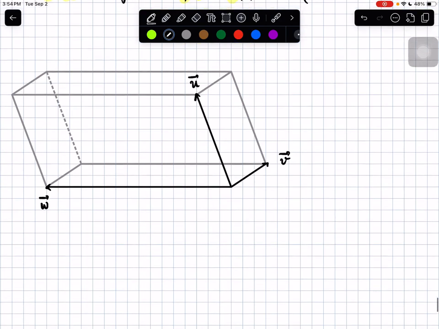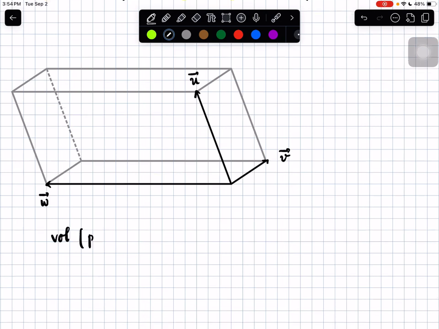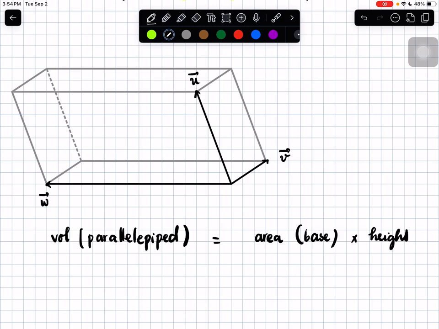The volume of the parallelepiped is the area of the base times the height. The area of the base, so we choose the base to be, this is a base.